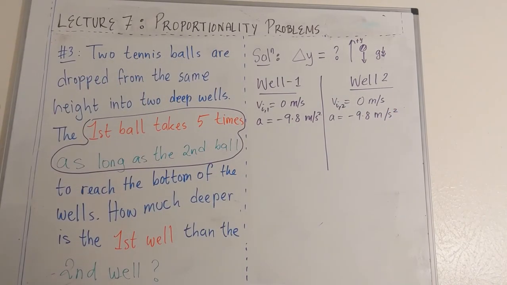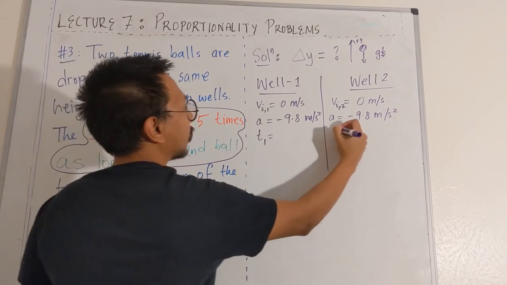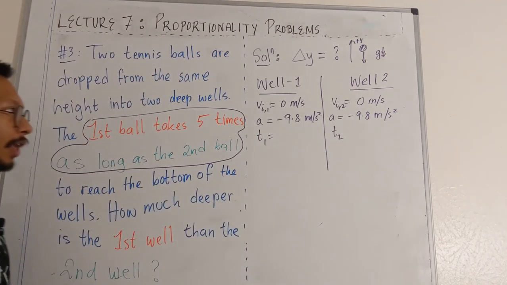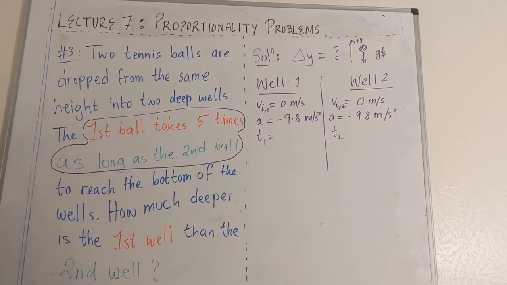Then what? t1, t2 are the times taken by the two tennis balls to reach the bottom of the wells. But we don't know the exact times. What we do know is a relation between them. We know that the first ball takes 5 times as long as the second ball.